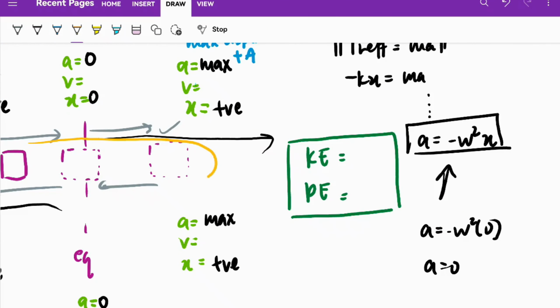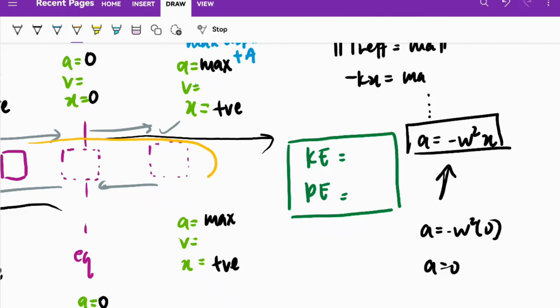So at this point, at a maximum displacement, at your highest amplitude, the velocity is 0. Same goes for your minimum displacement as well. Because when it comes here, it's going to stop momentarily before the spring reverses direction. And at this point, your velocity is 0.